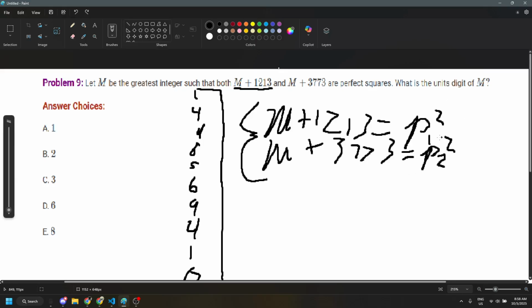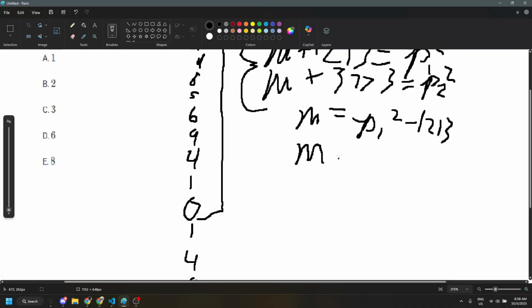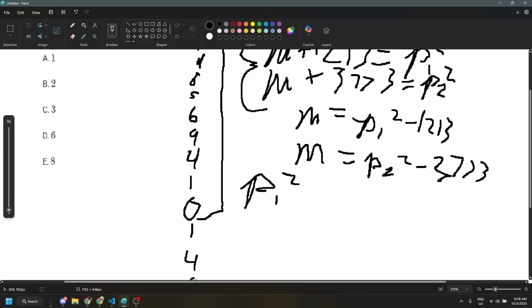So what I'll do is isolate: m is equal to p1 squared minus 1213, and m is equal to p2 squared minus 3773. So then setting these equal to each other, we have p1 squared minus 1213 is equal to p2 squared minus 3773.